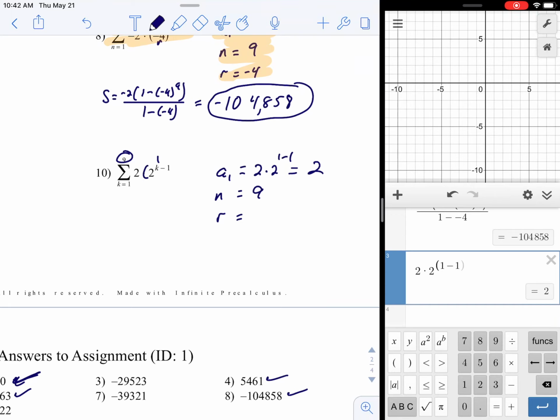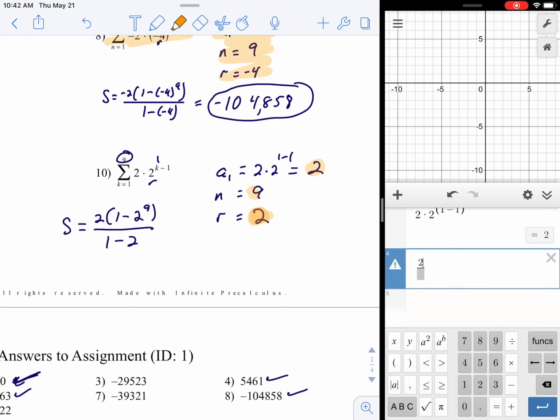R, the common ratio, that's the base right here. In this case, it's positive, so you see there were no parentheses there. But R is positive 2. Let's do the formula. S equals 2, that's this 2, 1 minus 2 to the 9th, so that's this 2 to the 9th, all over 1 minus 2, again that's that 2 right there.